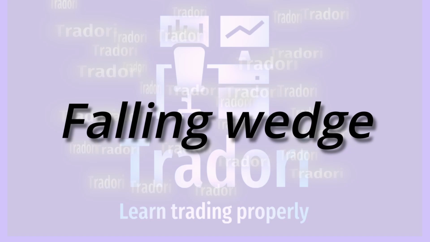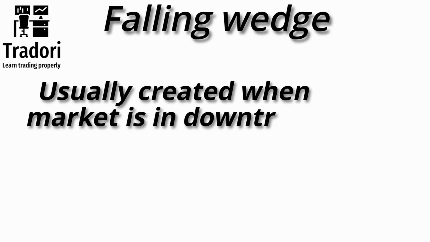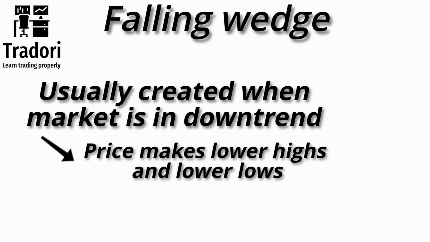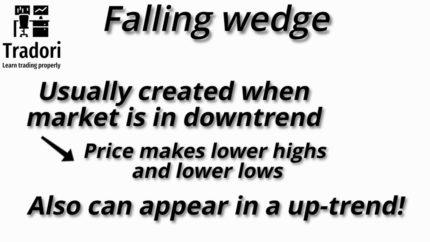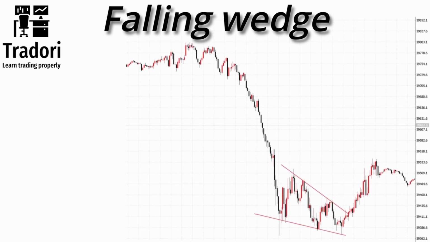This particular wedge pattern is bearish and suggests that the price is set to fall and trend downward. Falling wedge. This pattern is created when the market is in a downtrend and prices make lower highs and lower lows, which results in the formation of 2 contracting lines. However, same as with the rising wedge, it is not the case all the time, so it can appear in an uptrend as well. Before the lines converge, the price may break above the upper trend line.